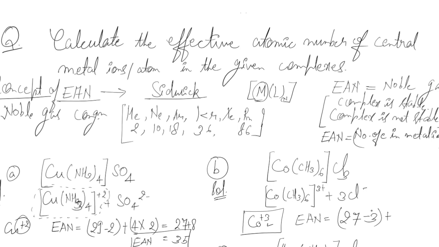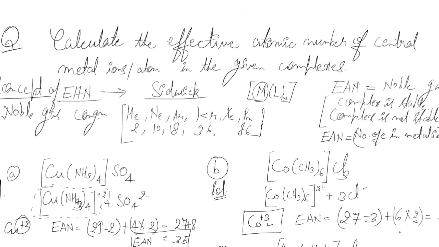So we have the 6 methyl groups, and one methyl group will give you 2 electrons, so 6 will give you 6 times 2. You need to understand how many electrons the methyl group will give. So here this is 2. So 27 minus 3 is 24, plus 12, so this will be your 36.